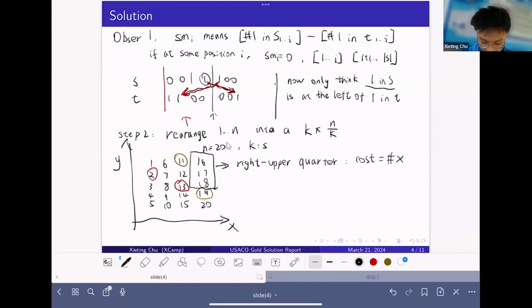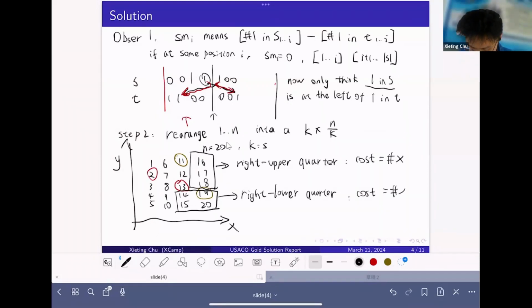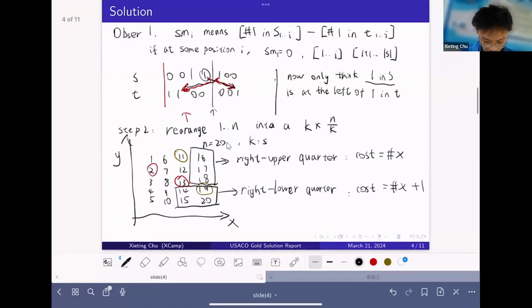And that's the cost. And if we swap the one in S to the right lower corner, then what is the cost? The cost is the difference in x-axis plus 1, right? You can check it.